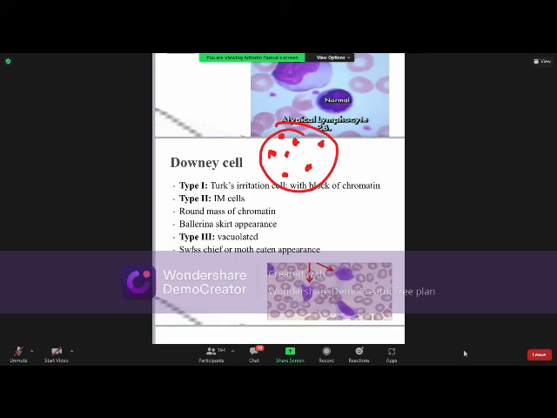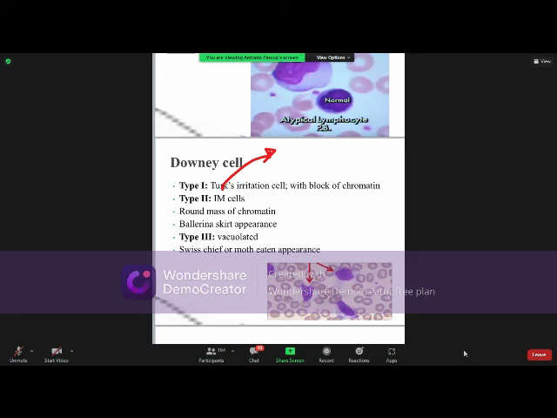If it's type 3, you will see a lot of vacuoles on your cytoplasm. And among these three, one of the most popular is type 2. Kasi yung type 2 Downey cell is the one associated with infectious mononucleosis.